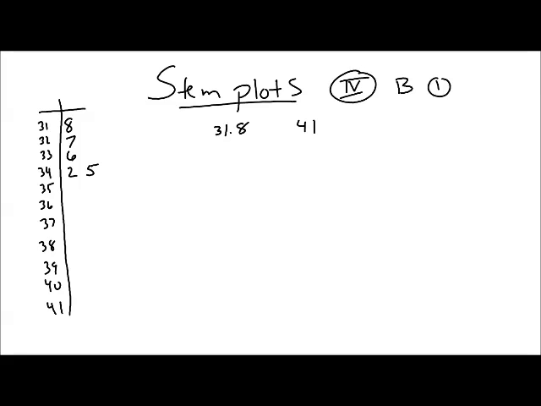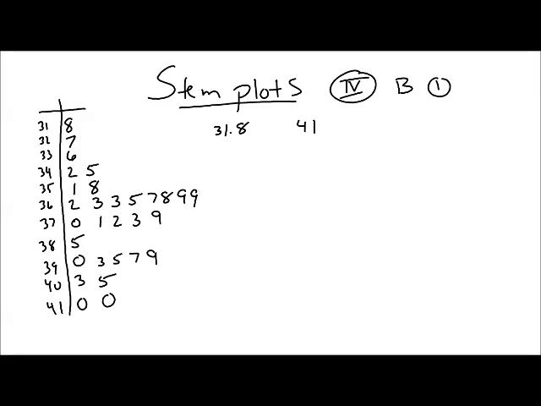Notice, putting in order. 35.1, 35.8, 36.2, 36.3, and the rest of the leaves: 0, 1, 2, 3, 9, then 5, 0, 3, 5, 7, 9, then 3, 5, then 0, 0. Okay. You need to have a title.